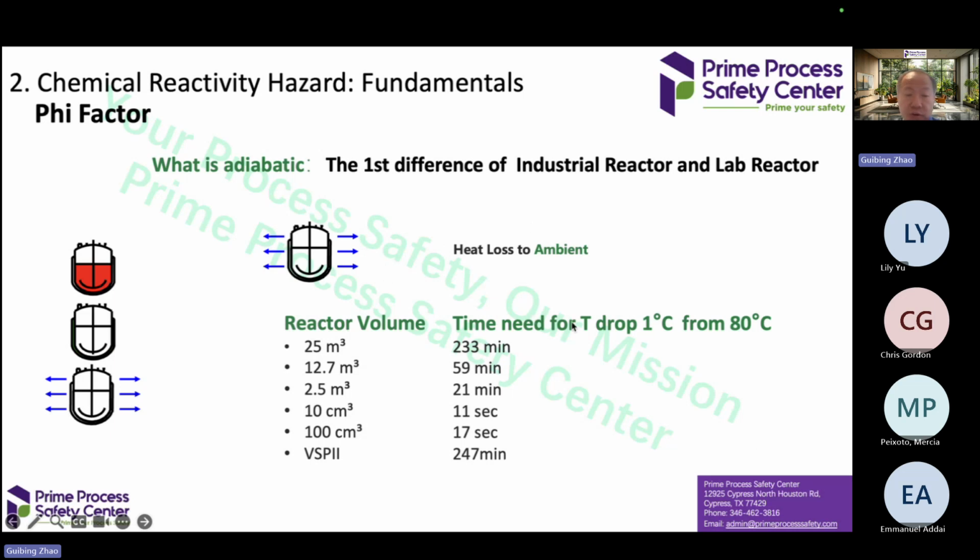Let me give you an example, starting from a 25 cubic meter reactor volume.